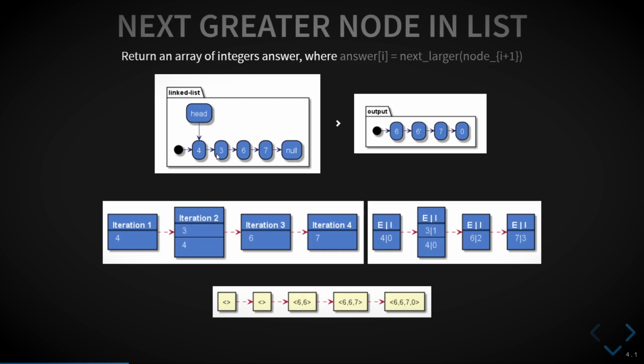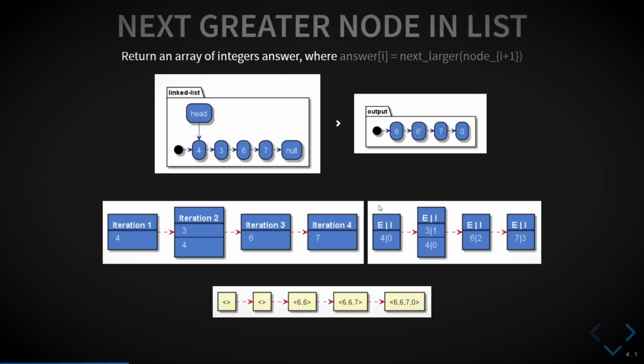Then 3 is similarly smaller than 6, so it will also be replaced by 6 in the resulting array. Then 7 will replace 6 in the resulting array because 7 is bigger than 6 and also closest to 6. And in the end, if something doesn't have a greater element after it, then we just replace it with 0. If you want, you can pause the video for a bit and try to come up with the solution on your own.